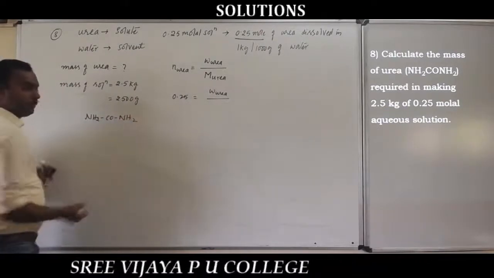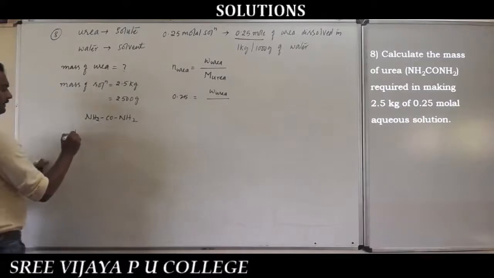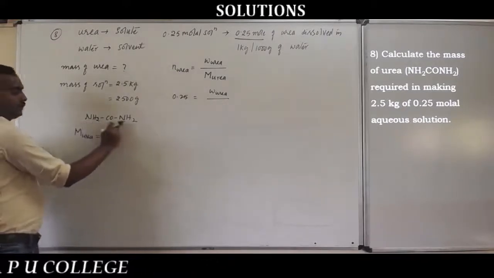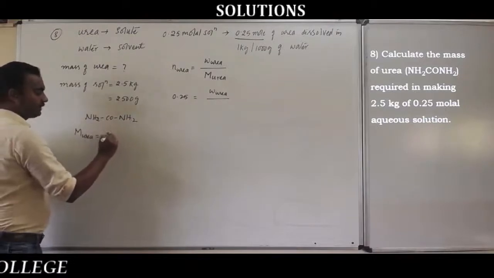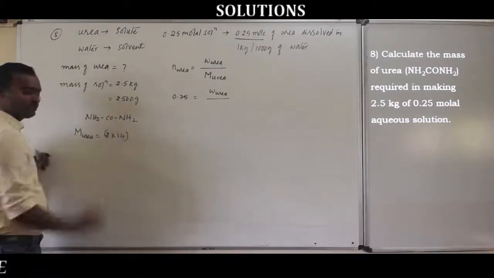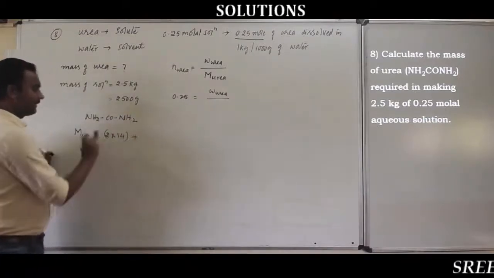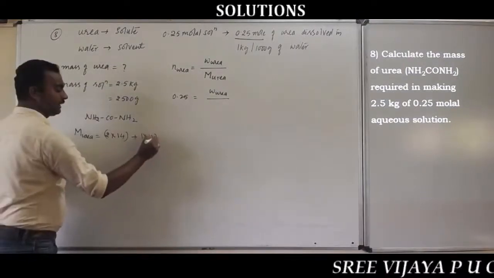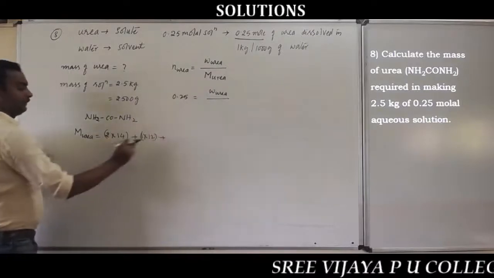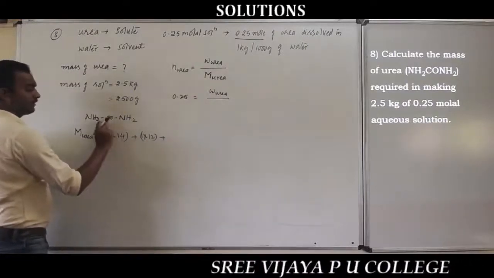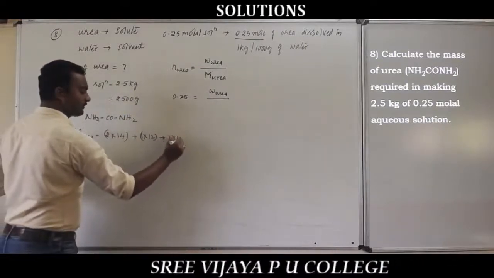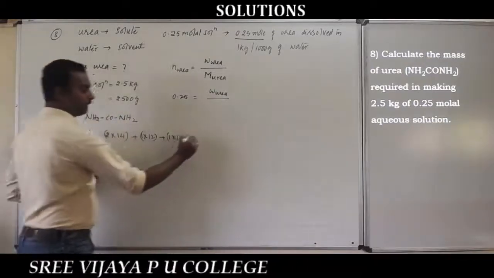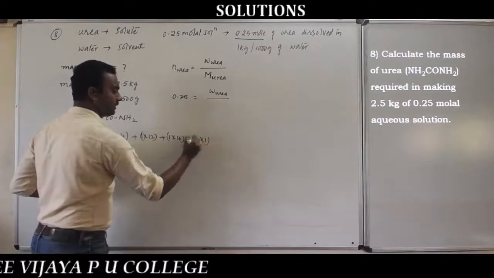NH2CONH2. The molar mass of urea is equal to: nitrogen has two, that is 2 into 14, the atomic mass of nitrogen, plus carbon 1 into 12, plus oxygen 1 into 16, plus hydrogen 2 plus 2, that is 4, into the atomic mass of hydrogen, which is 1.